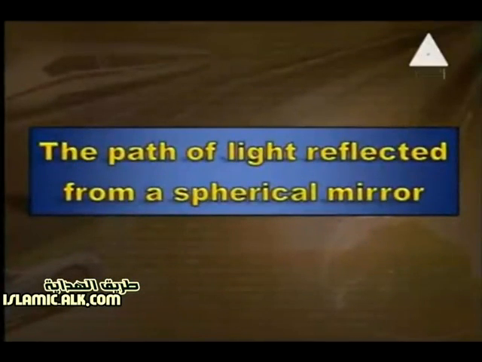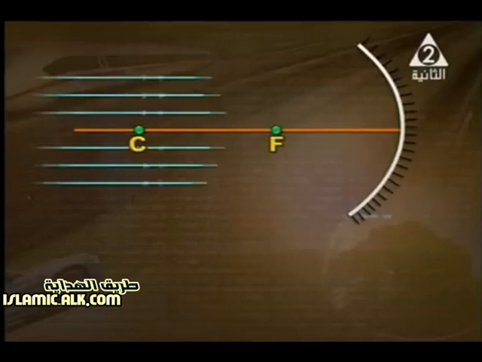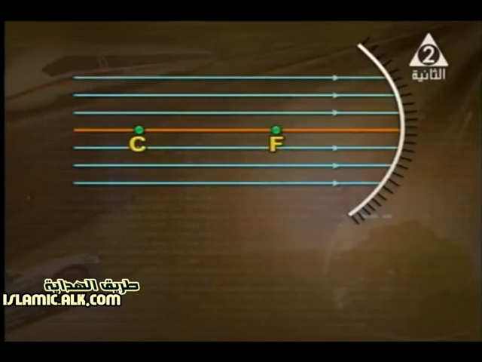The path of light reflected from the spherical mirror. The first case: this is the concave mirror, and this is the principal axis. If the light ray is coming from a far object, it will be reflected and collected at a point called the focus.